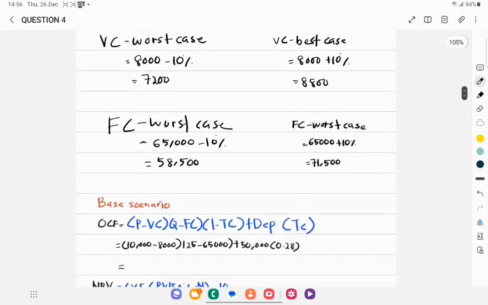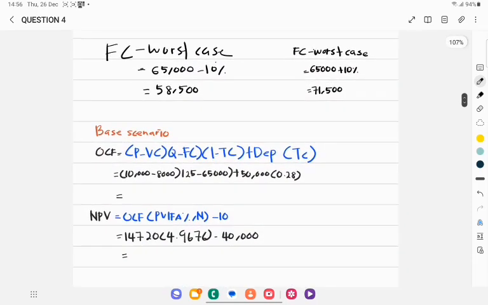Okay, next we are going to calculate the OCF and NPV for the best scenario. So the formula for OCF is P minus VC multiply quantity minus FC multiply one minus tax rate plus depreciation multiply tax rate.